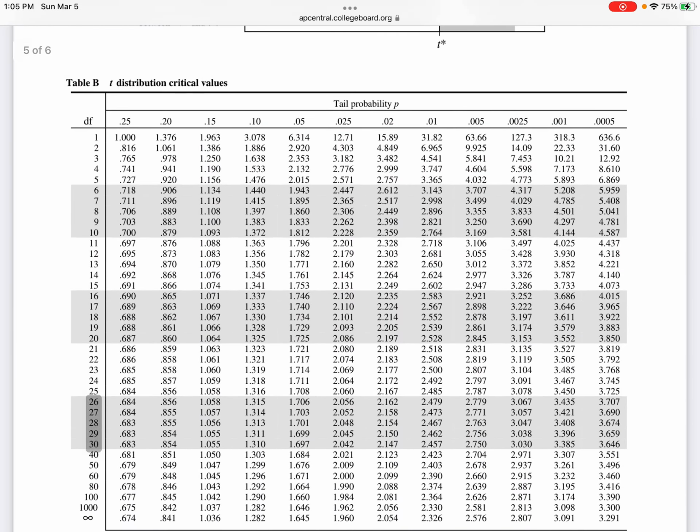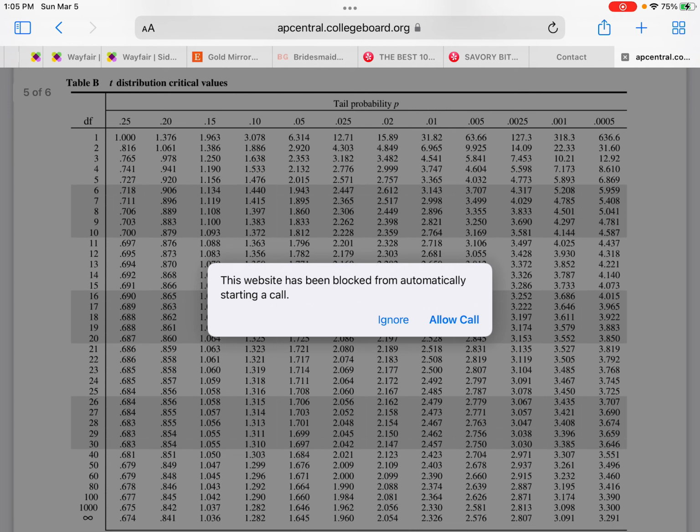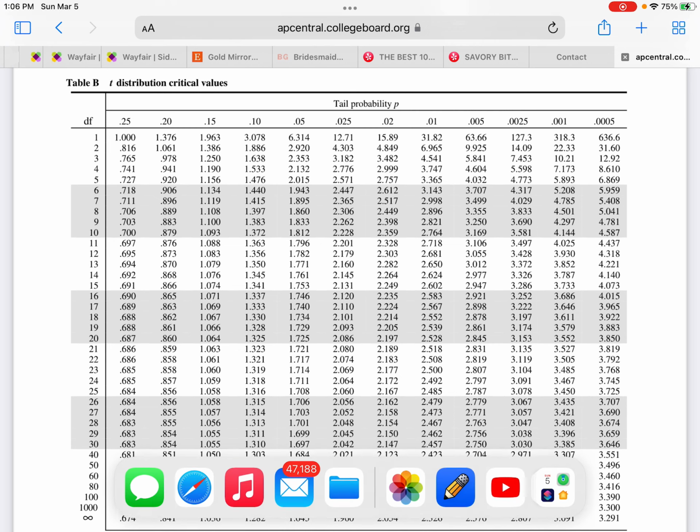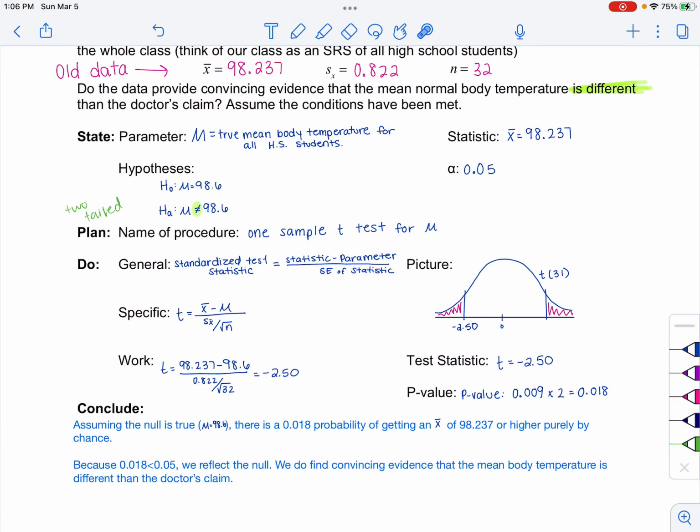Unfortunately, all we have is 30, so we're going to go with 30 because we don't have 31. And I'm going to go over to 2.5, which is probably closer to 2.457. And if I go up, that's 0.01 as my tail probability. But remember, that's not ideal.